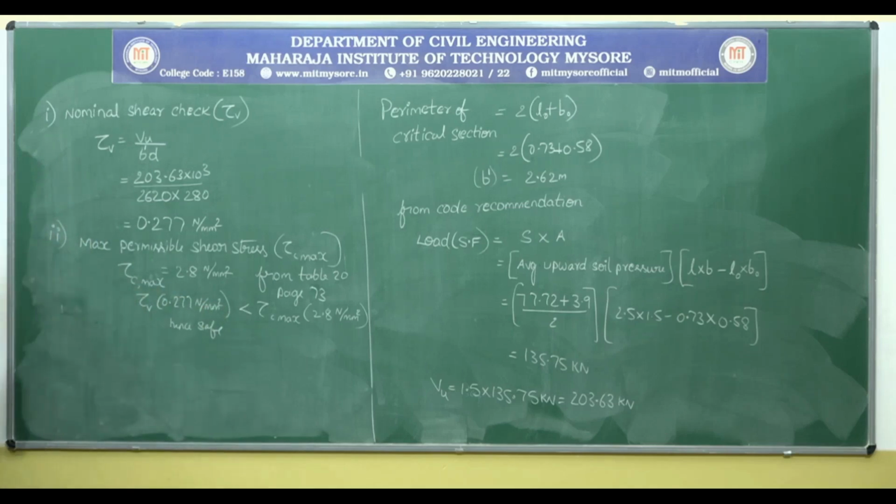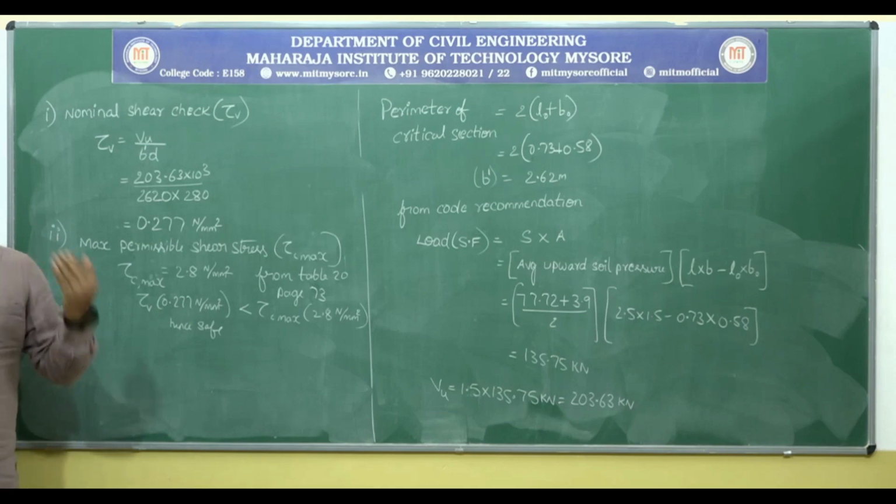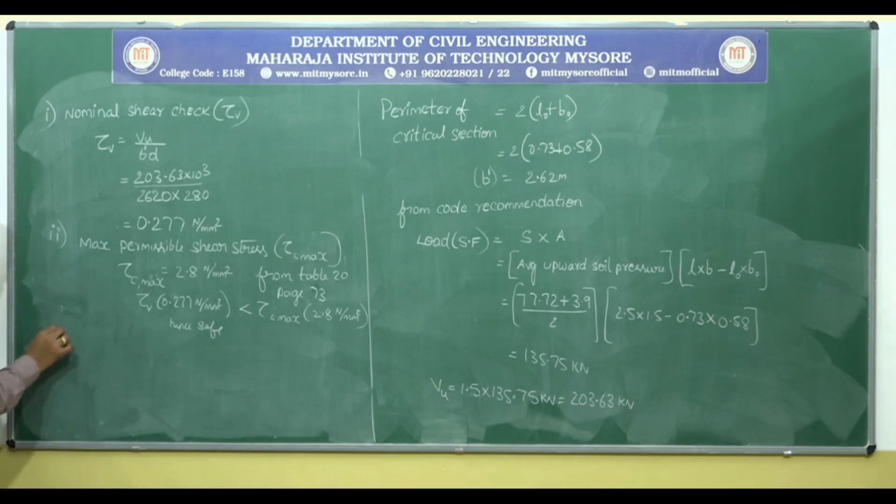So now the last thing. I was supposed to take up the design shear strength of concrete, but instead of the design shear strength of concrete, as it is a two-way shear, I will be going with the permissible shear stress. Okay, a slight modification in the procedure.